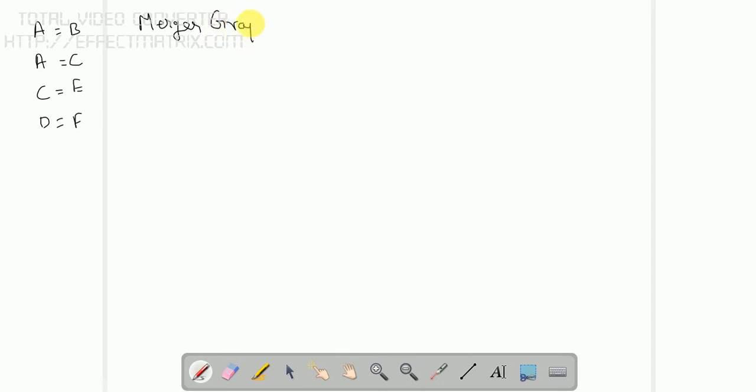So what I'm going to do now, I'm going to draw the points, all the 6 states. So this is A, this is B, this is C, this is D, this is E, this is F.